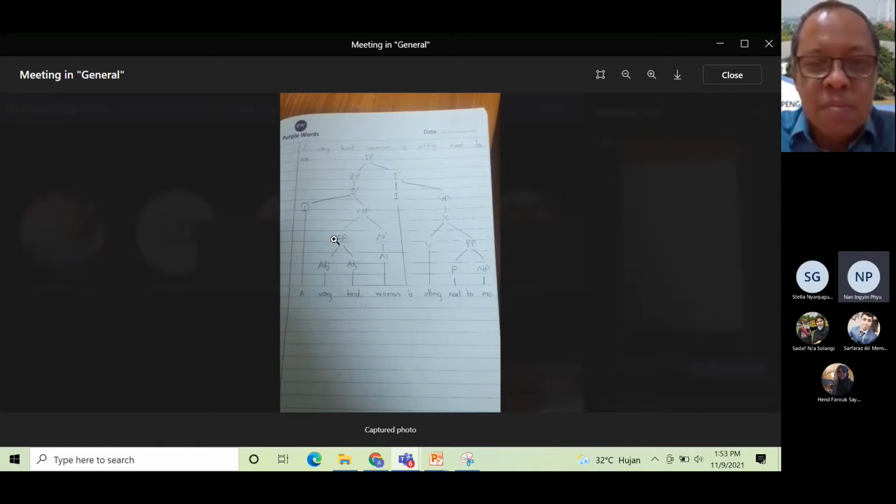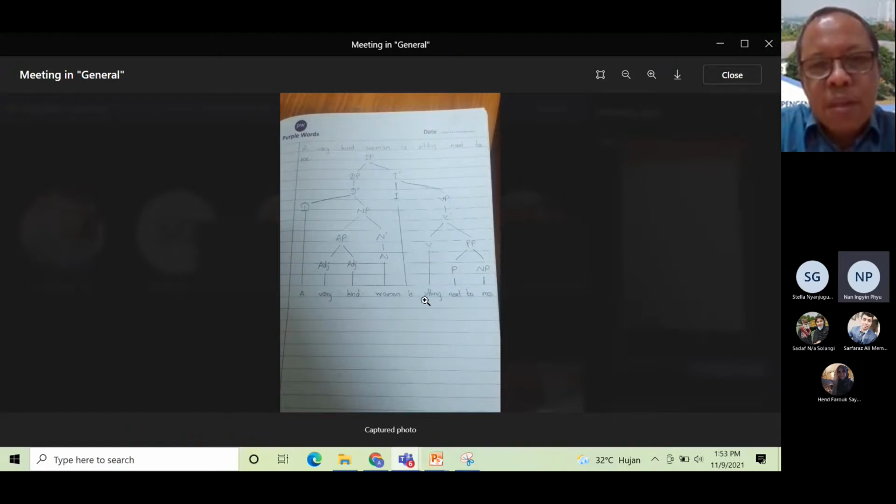That's why I divided them as one pair, and then into the adjective. And "woman" is just a number and a noun. For the I bar part, there is only I and then the VP. For the I we go directly to "is," and for the VP we go directly to the V bar and then V. Since "next to me" is the preposition phrase, that's my PP, and then P and NP.